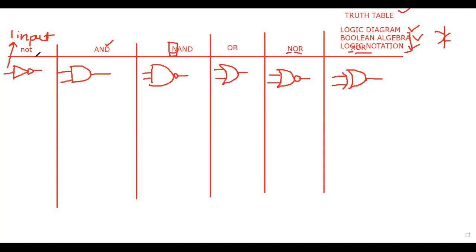So now, the NOT gate functions in a way that if the input is 0, then the output would be 1, or if the input is 1, the output would be 0. Okay?